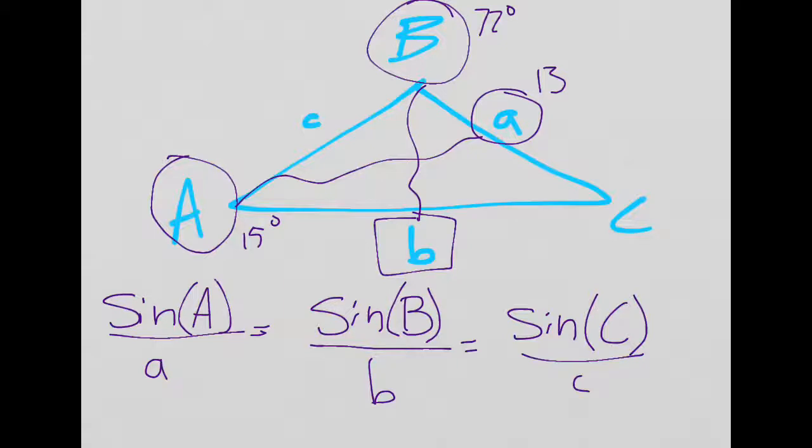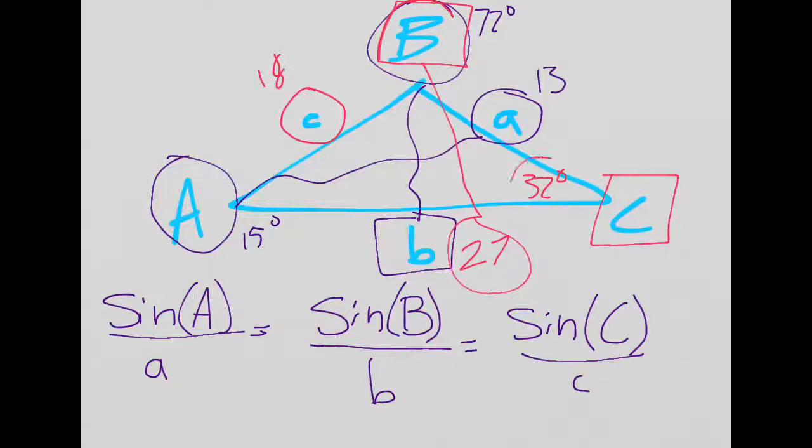Let's say I know that angle C is 32 degrees. I know side C is 18, and I know side B is 27 units long. Well, then in this case, since I'm going to be solving for angle B, I'm solving for an angle, I want to put the sine of the angle in the numerator, because then it's less work to solve for it.